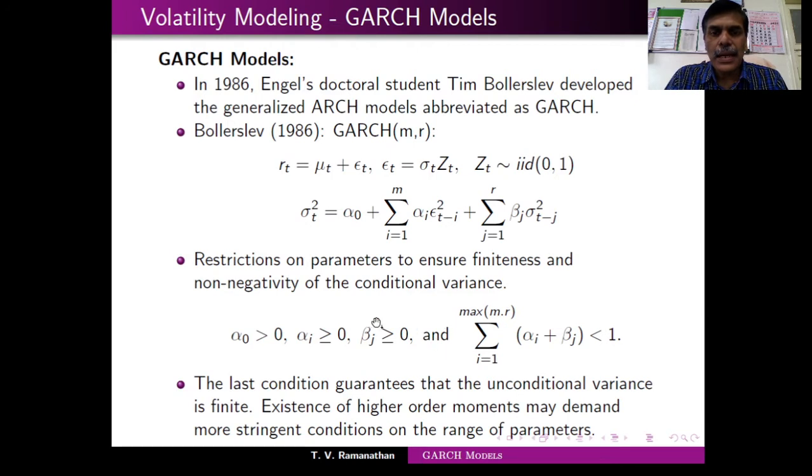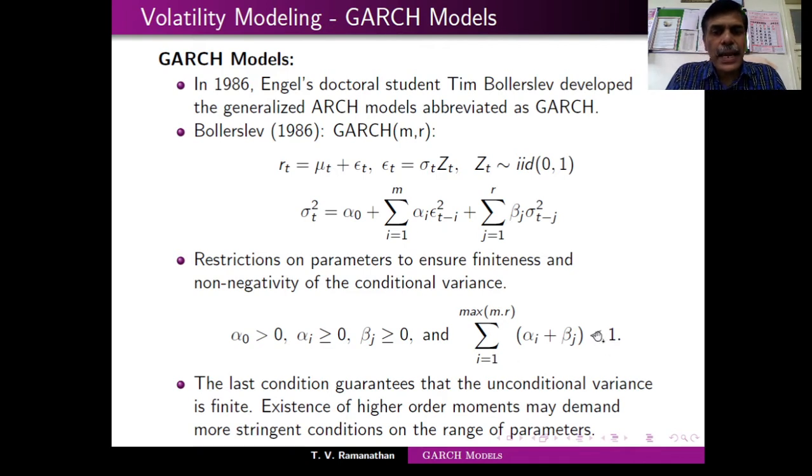There will be an additional condition, because if you want to talk about the variances, the sum over i equal to 1 to max(m,r) of alpha_i plus beta_i is less than 1. Otherwise, I should write the sum over j equal to 1 to max(m,r) of alpha_j plus beta_j less than 1.